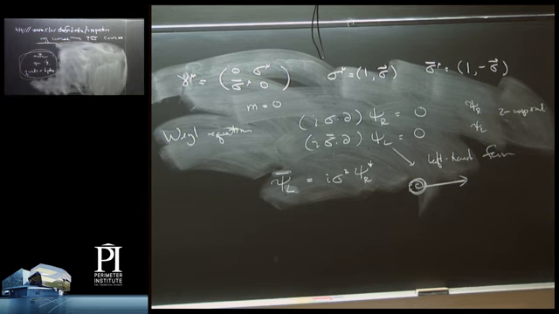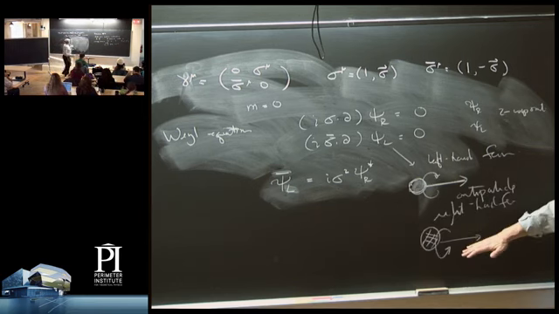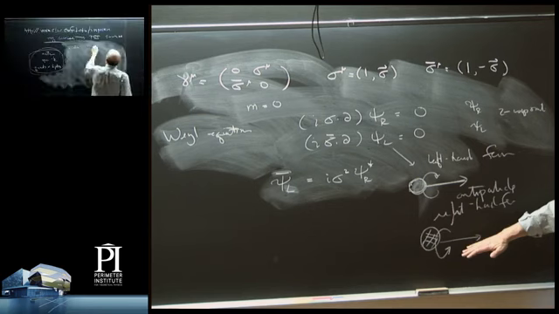Then the next question that I'd like to discuss is, how do we identify these fields and write their field equations? So for a scalar field, a field of spin 0, it's really easy.